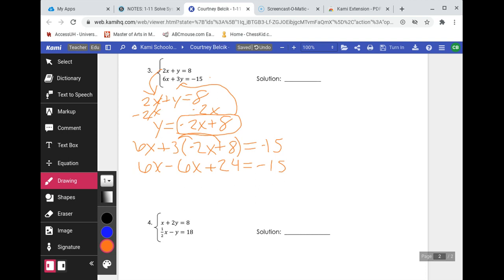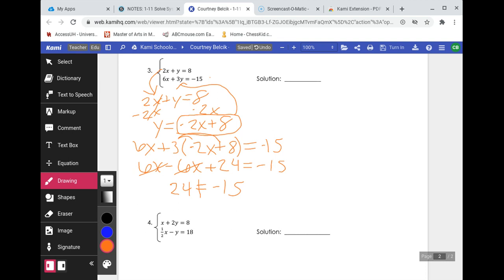Now, what happens with my x terms? I have 6x minus 6x. If I combine those together, I have no more x's. I have 0x. And the only thing remaining in my equation is that 24 is equal to negative 15. Even if you are not in Algebra 2 or even Algebra 1, you would know that 24 does not equal negative 15.